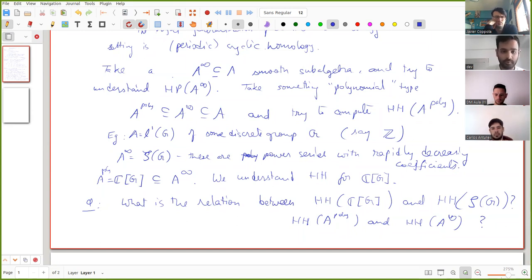Okay, so these are kind of three classes of algebras I want to say something about.